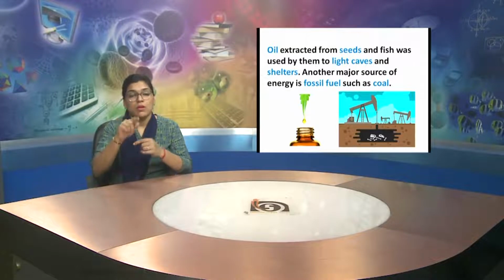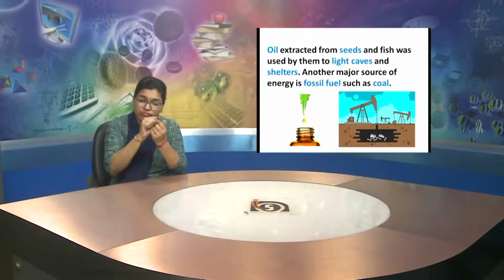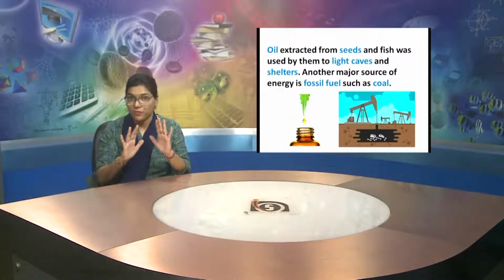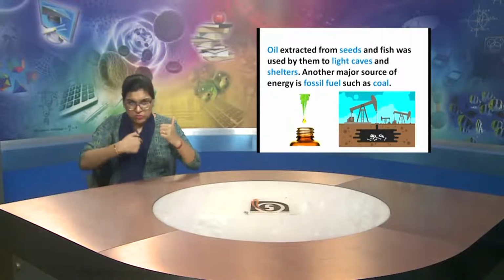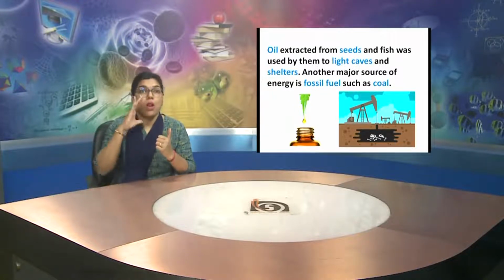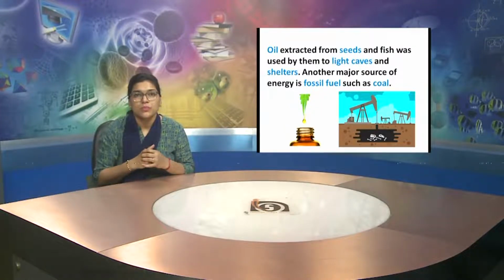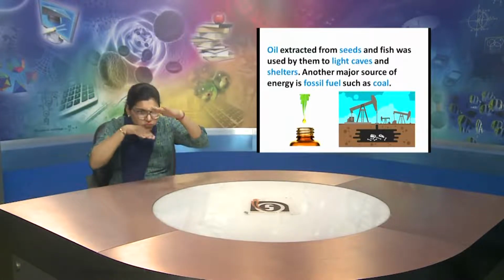Now this is another form of energy. We all know that seeds are very useful and oil can be extracted from seeds, and also fish oil was used by primitive man to light caves and have shelter.